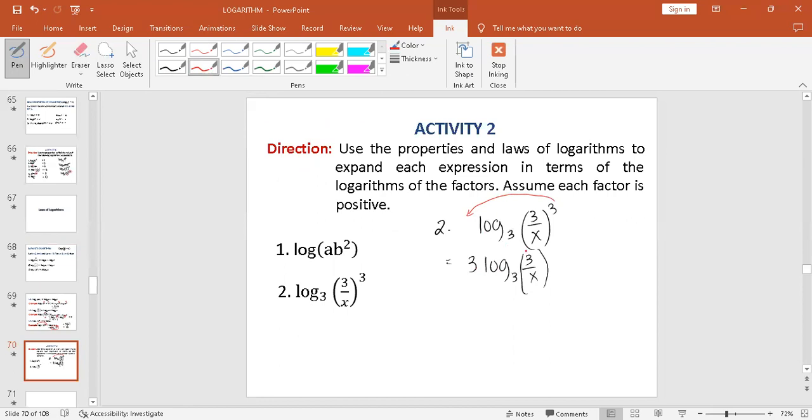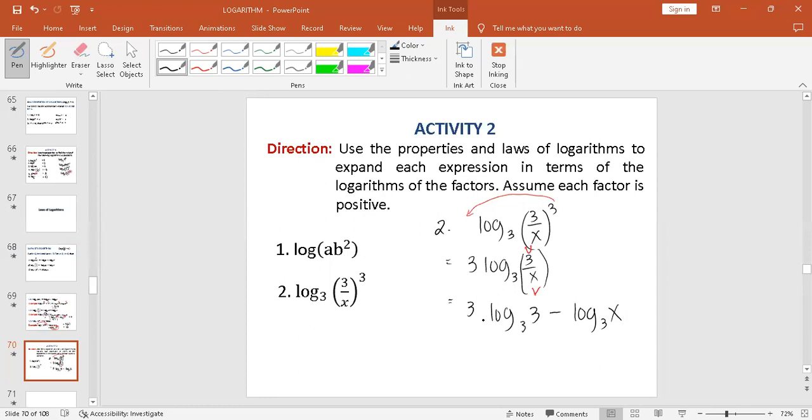This is now the u, this is now v. Pwede na nating paghiwalayin sila using subtraction. Okay? So, we will write 3 log of 3 to the base 3 minus log of x to the base 3.